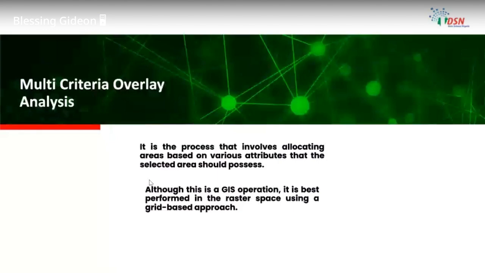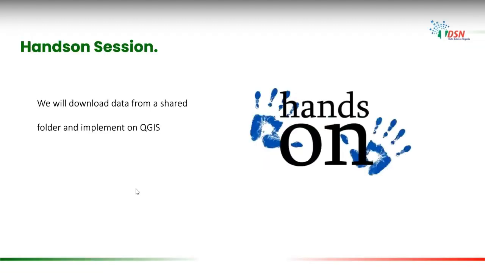So we have to convert from vector data to raster data and then perform our multi-criteria value analysis in QGIS. It's basically going to be hands-on, and as we solve the problem, I'll be explaining the concepts also.